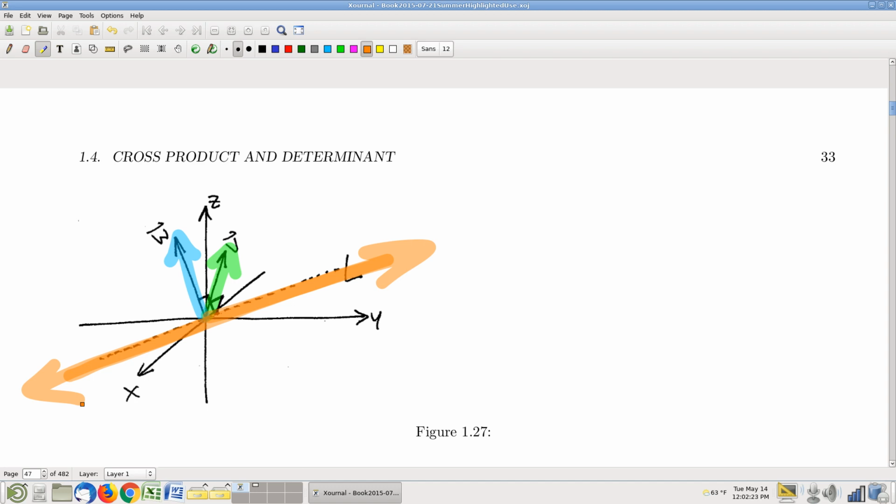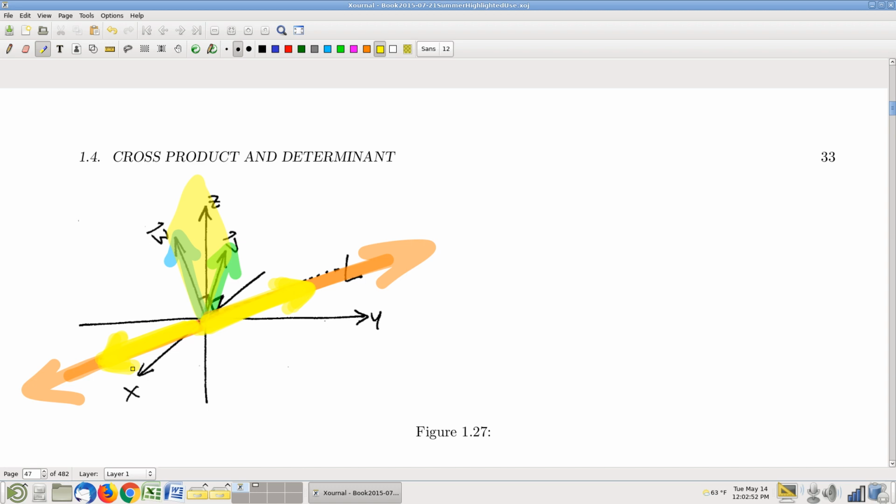I just got through proving that the area of that parallelogram tells you the magnitude of our cross product. And that means that once you know what that magnitude is, our cross product has got to be either exactly that vector or exactly that vector.